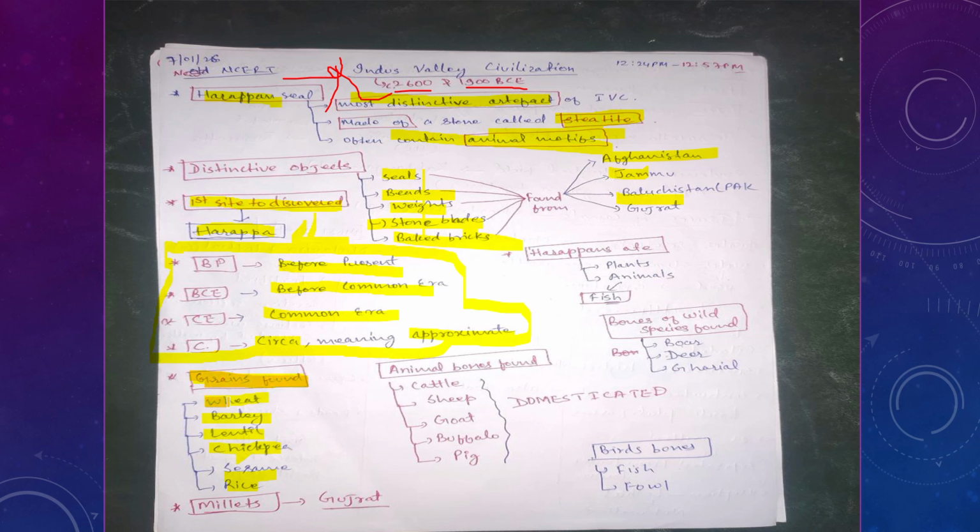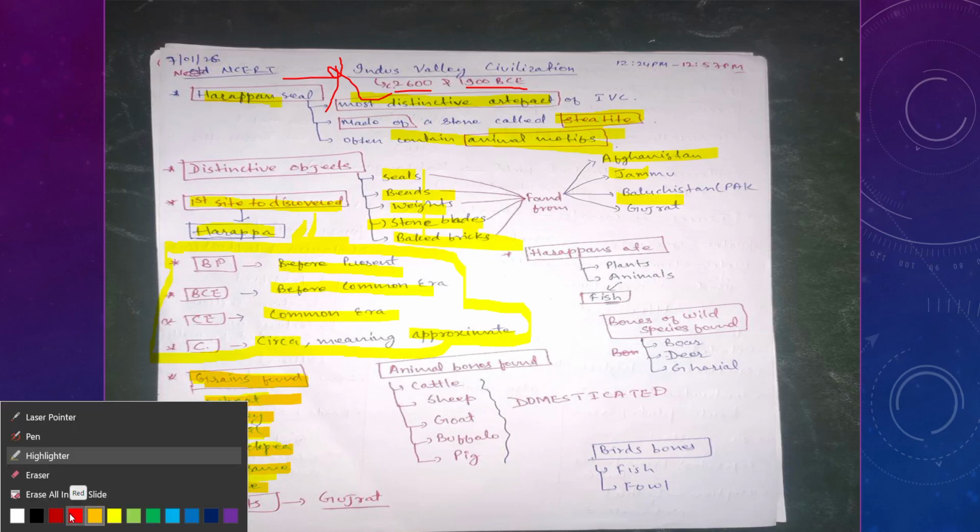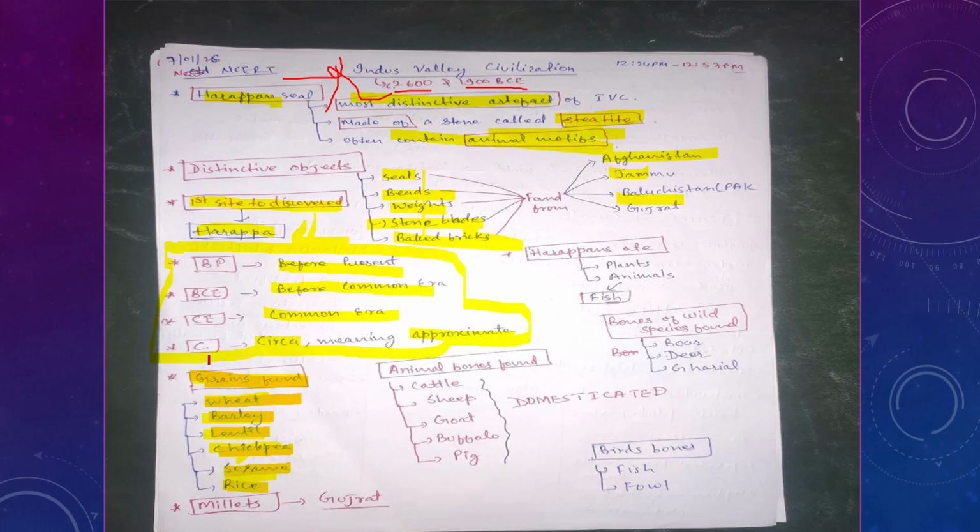To remember it, we will highlight again and again: wheat first, then barley, lentil, chickpea, sesame, and rice.